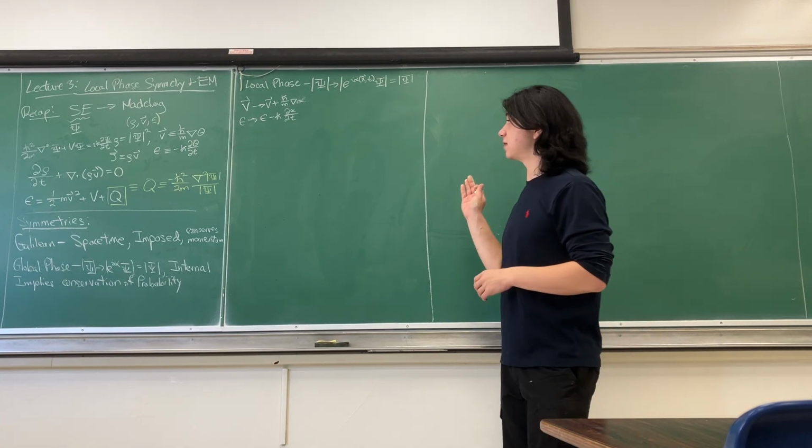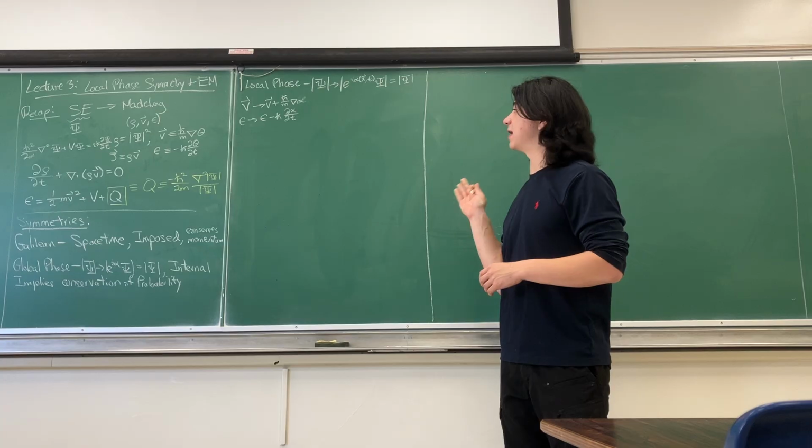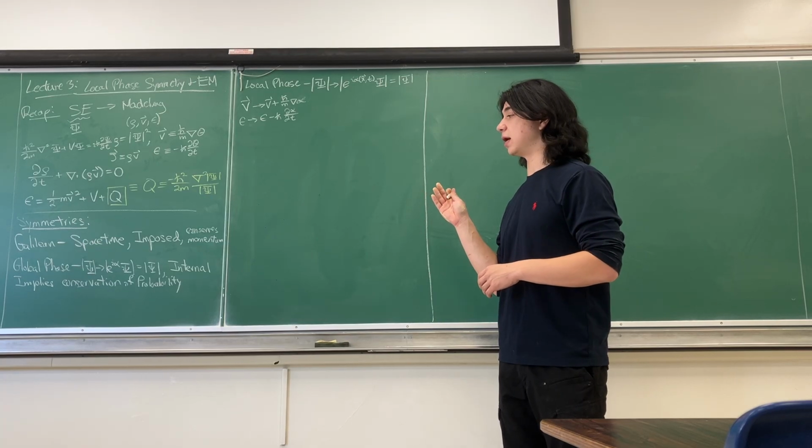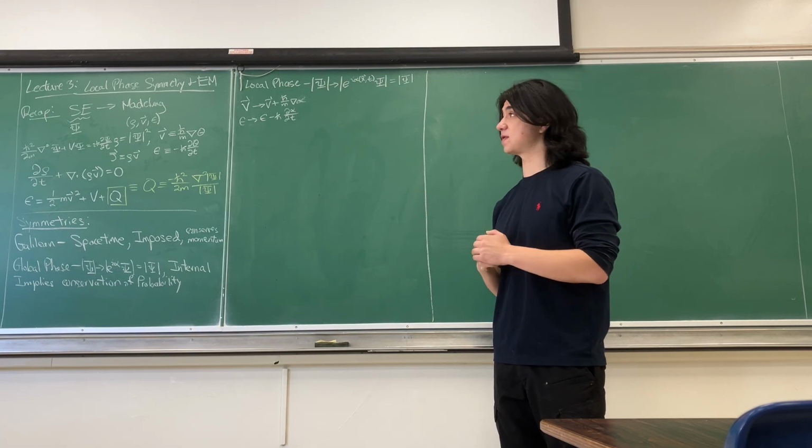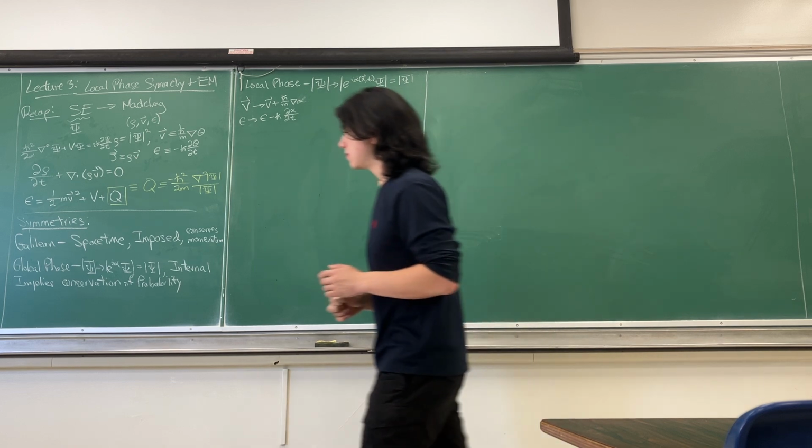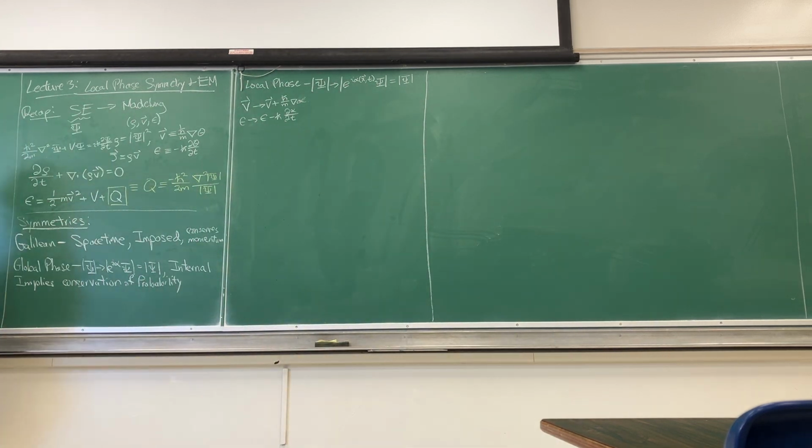For local phase transformations, we don't actually have any physical motivation for this. There is maybe a way you can understand this. For global phase, this one is built into the theory. Basically global phase symmetry is not a symmetry of reality, it's a redundancy of the theory that we're using to describe it.